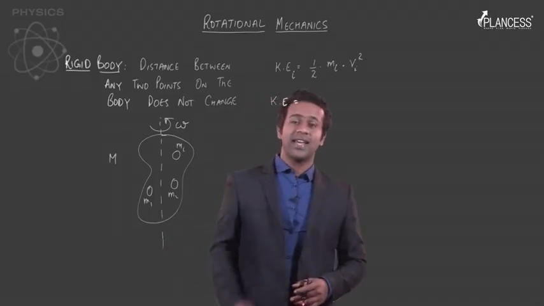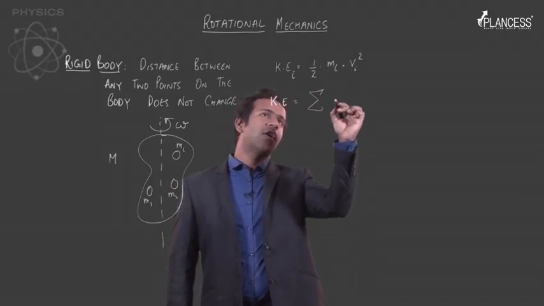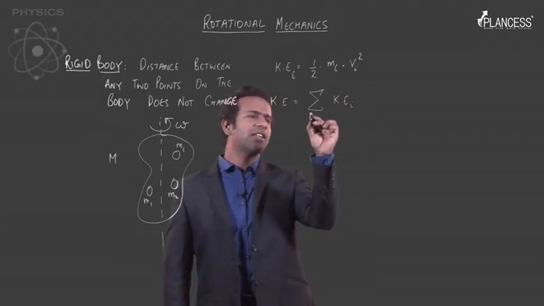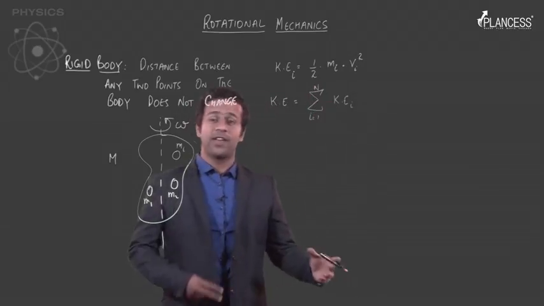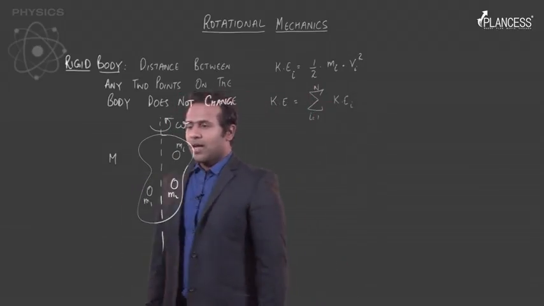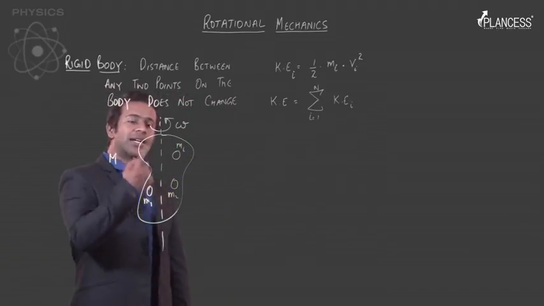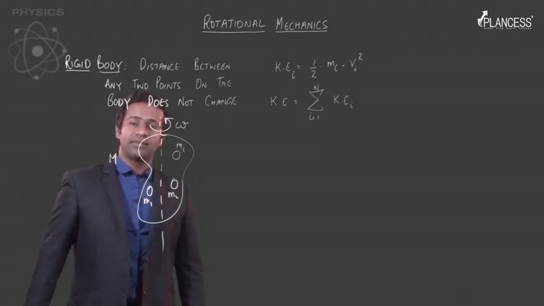So same is the case here. The total kinetic energy would be the summation of all these kinetic energies, where this index varies from 1 to n, right? If we have n such bodies, right? So now it is given to you that this body is spinning with an angular velocity omega, right?